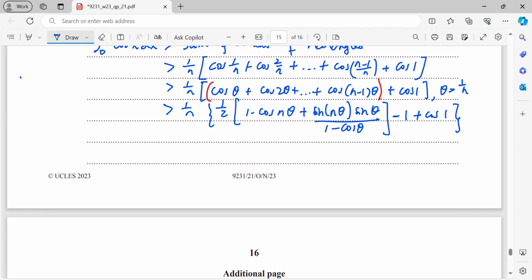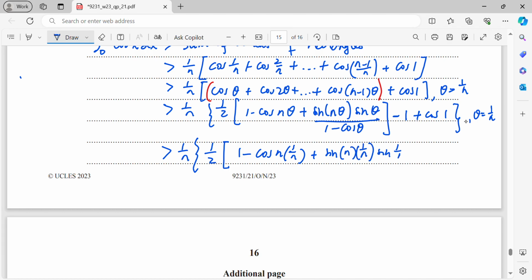Now, I need to simplify. Again, my theta is replaced by 1 over n. So here is greater than 1 over n, half, this is 1 minus cos n times 1 over n plus sine n times 1 over n, over 1 minus cos 1 over n.